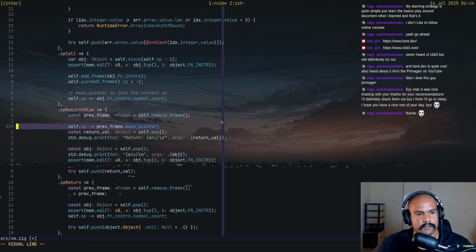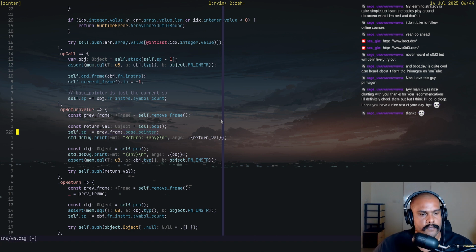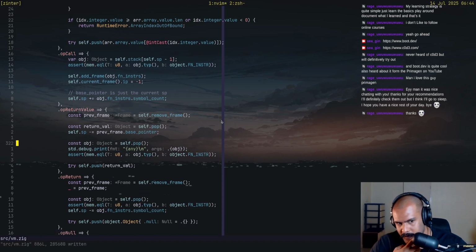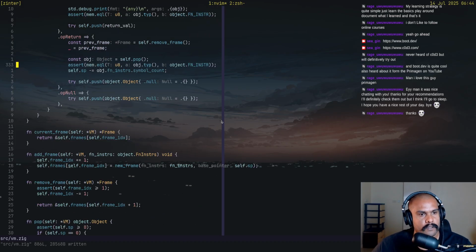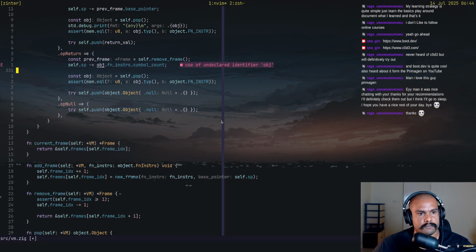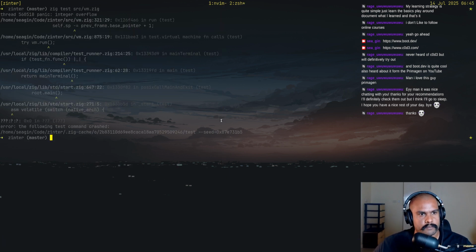Now I need to get the return value first. Should be whatever is at the top of the stack. Yeah. Then here, this should be previous frame dot base pointer. Everything else should be fine.